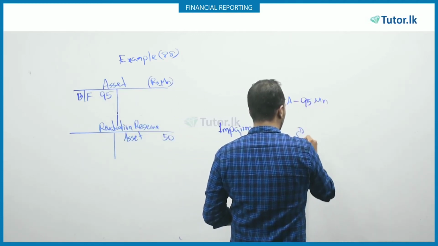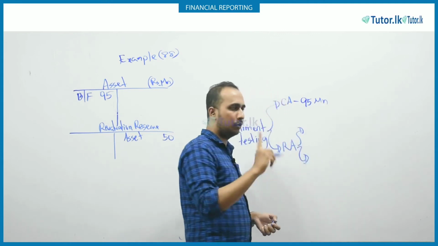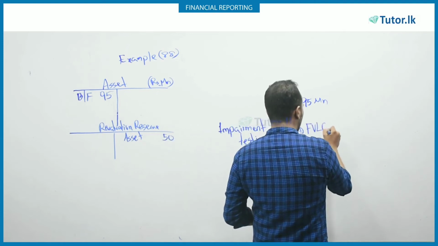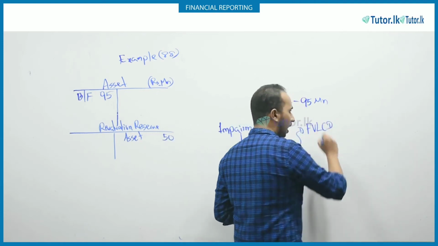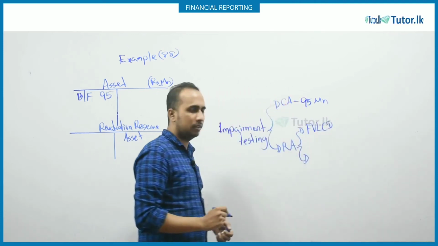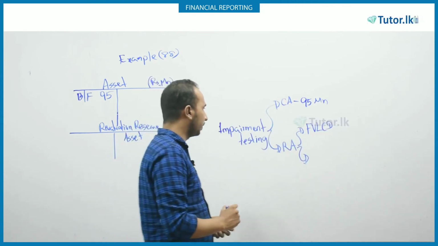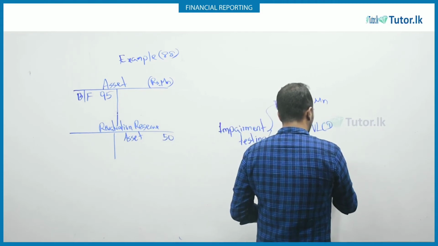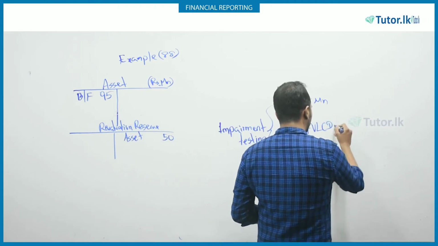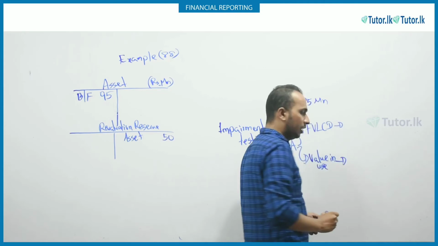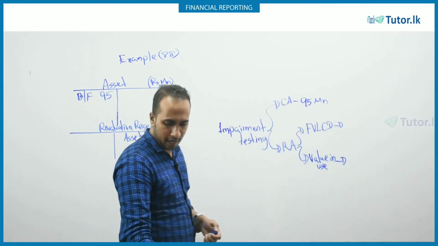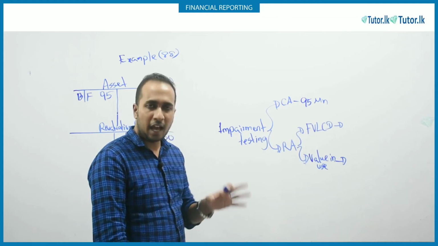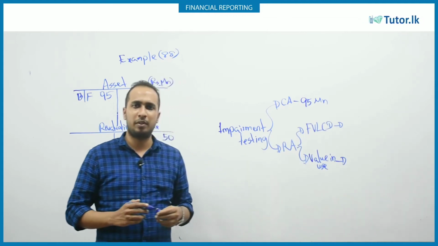At the same time, recoverable amount is the higher of two values. One is fair value less cost of disposal, or the other one, value in use. In this scenario the fair value of the asset is 35 million, and they are not telling about the cost of disposal.